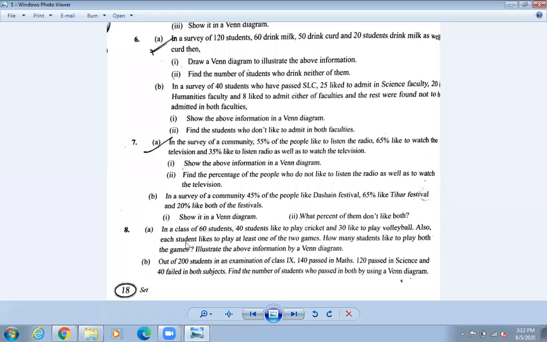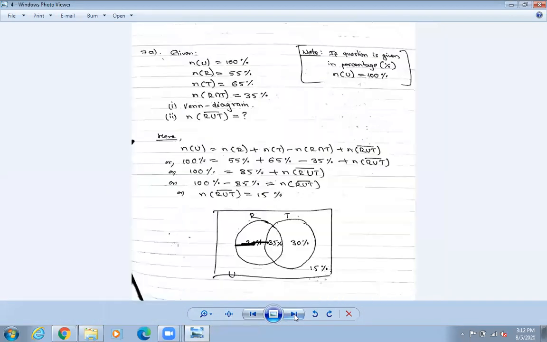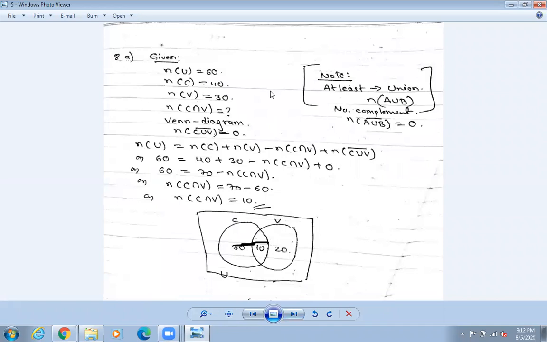Also, each student likes to play at least one. Once, when I taught this set chapter, I told the meaning of this "at least" also. If there is "at least", then it means like this. Let me show you the figure. Number 8A.